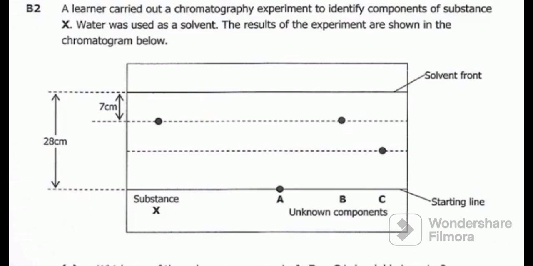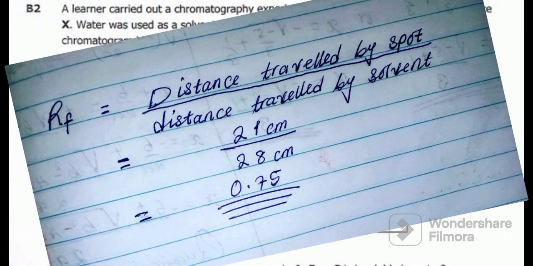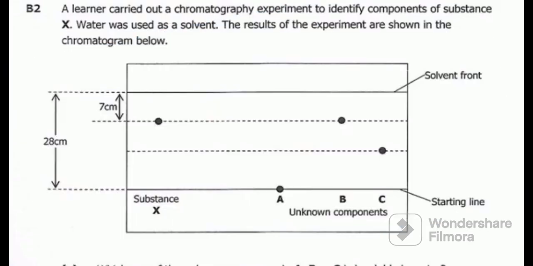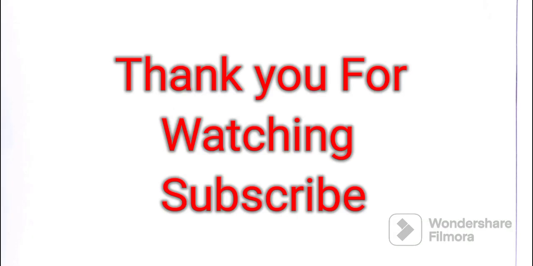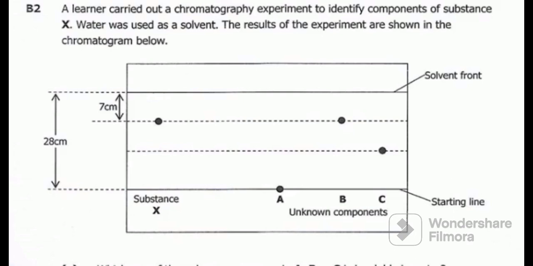That will be our numerator, and the denominator, the distance traveled by the solvent front, is 28 centimeters. If we divide, we get 0.75. That's the answer. That's the RF value.